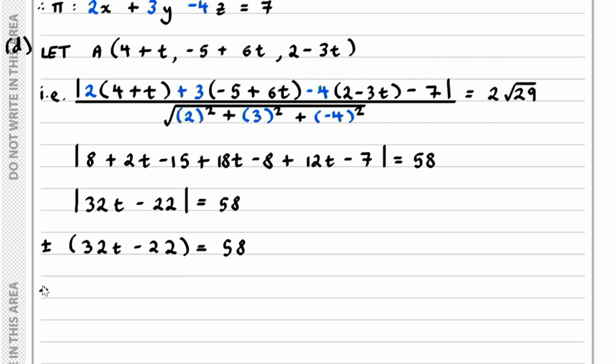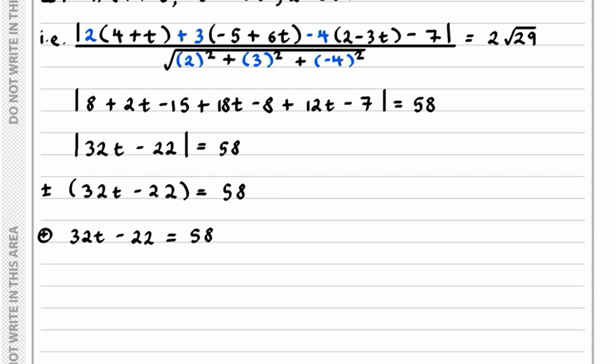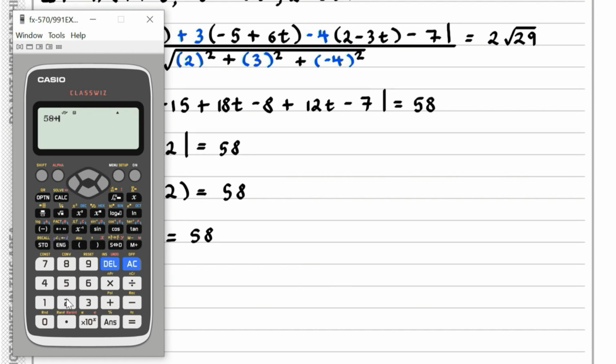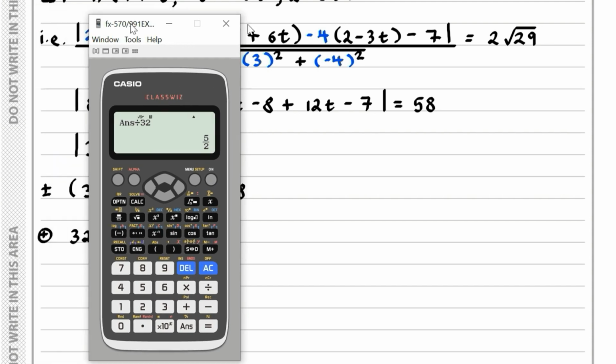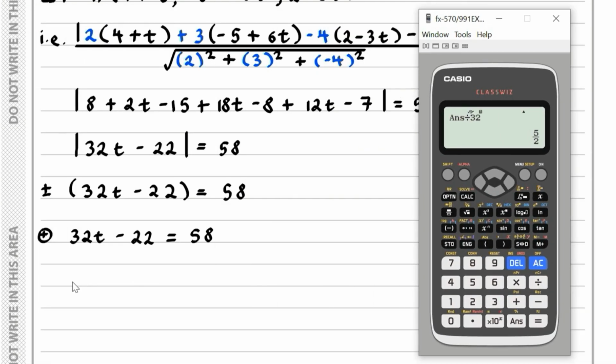So if I take the positive, we've got 32t minus 22 equals 58. And if I solve for t, 58 plus 22 divided by 32, that's 5/2. So we get t equals 5/2.